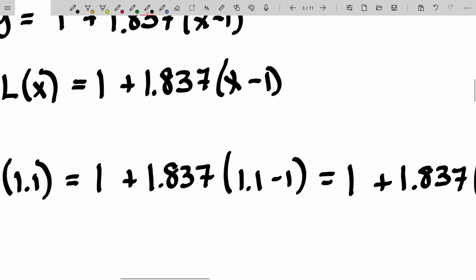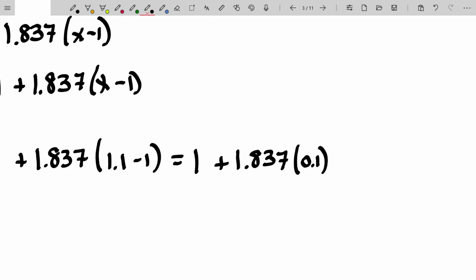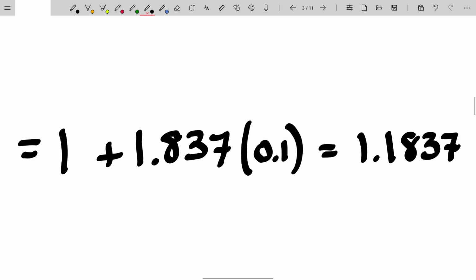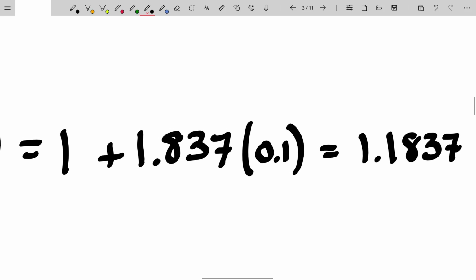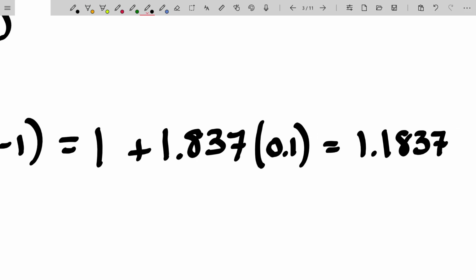It's because when you plug something in near to 1, the math is very, very simple. We're just going to move that decimal place over by 1, and this becomes 1.1837. Again, 1/10 times that 1.837 is going to be 0.1837. Add that to 1, it's 1.1837.